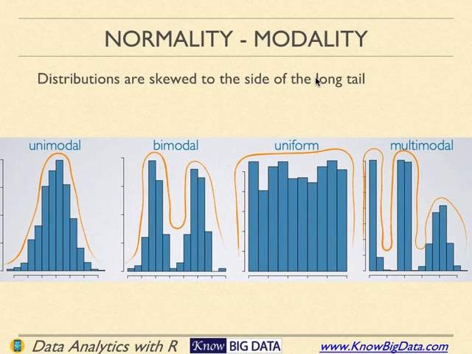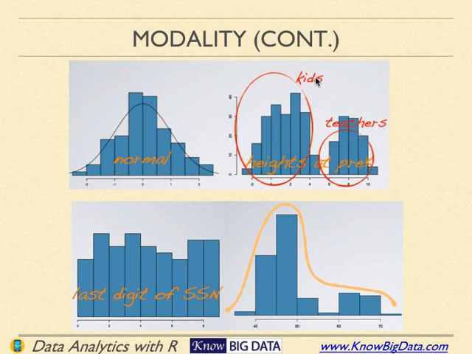It's almost like a flat graph. For all values, the distribution is equal. Multimodal means there are many peaks. So, one graph where there is a single peak, we call it normal.